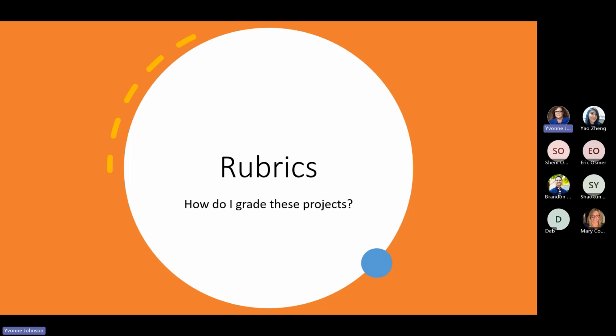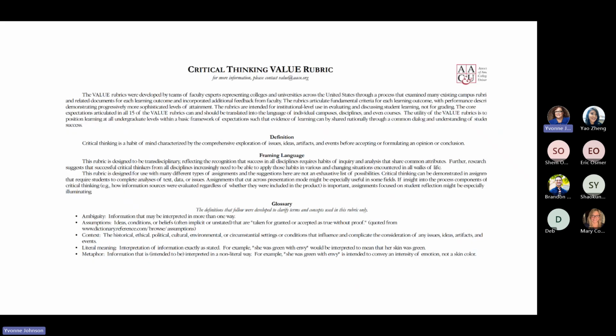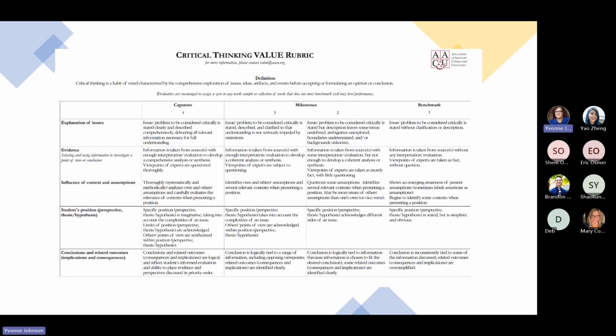And then rubrics. Sometimes people say it's hard to evaluate some of these different activities, but we're fortunate that the American Association of Colleges and Universities created a number of rubrics that are focused on critical thinking and a number of different competencies, and they're Creative Commons, so you can use them, you can adapt them.